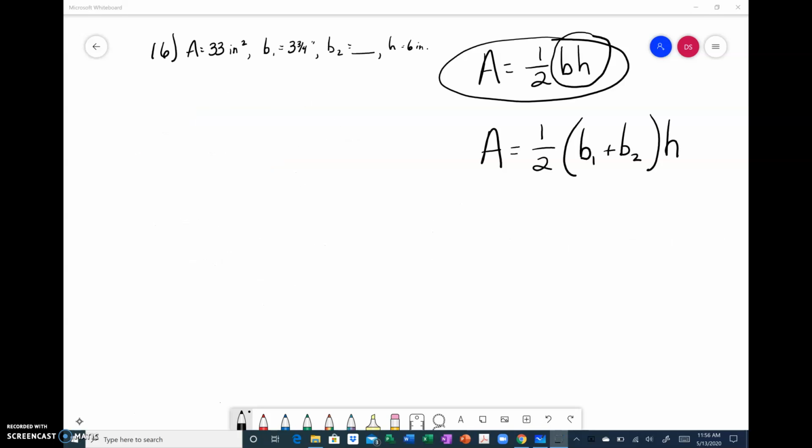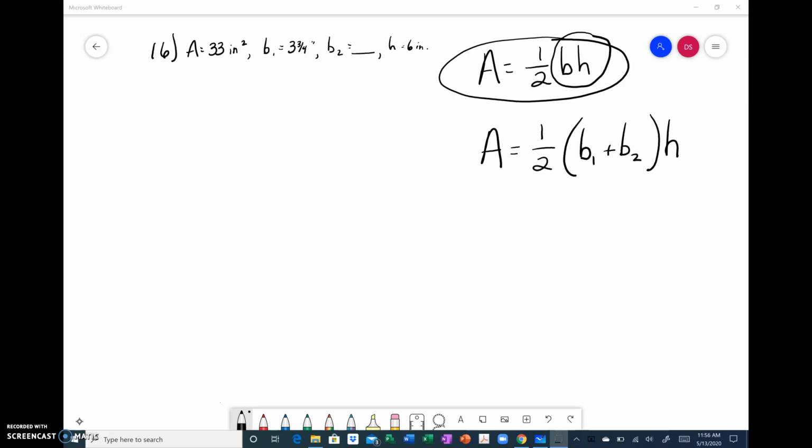All right, I was looking back at some more homework problems on 604, and I wanted to do one where you have to solve for one of the bases. You have to do that in number 13, so I am going to work 16 with you so you can see how to do it. Again, plug in what you know and you will be able to solve it.